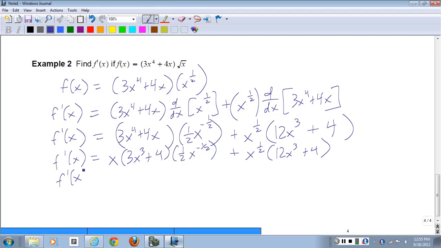F prime of x. See if this makes any sense at all. 1/2 x to the 1/2 times 3x cubed plus 4.